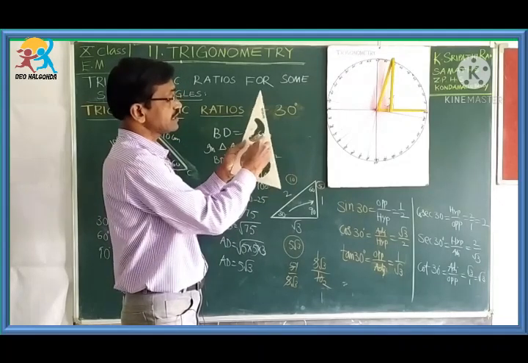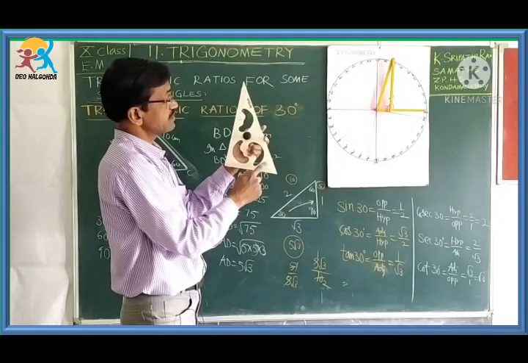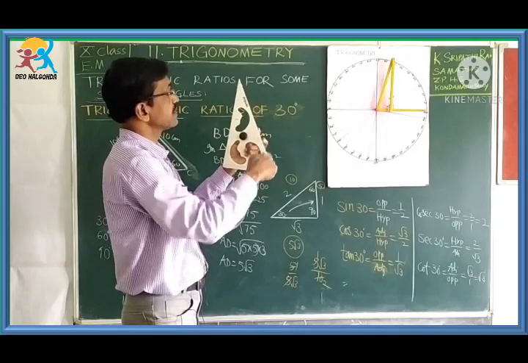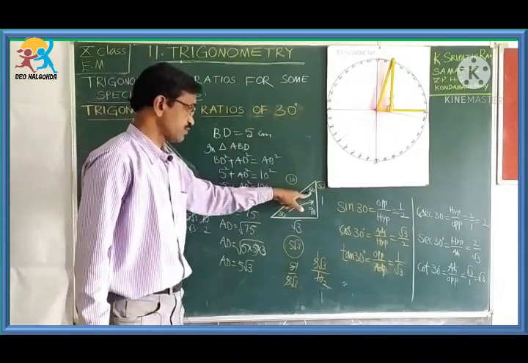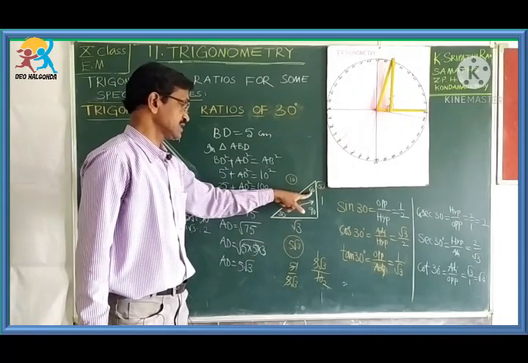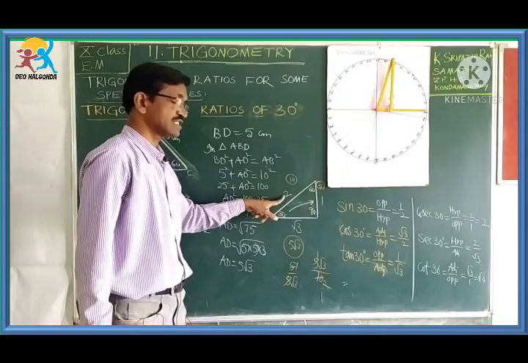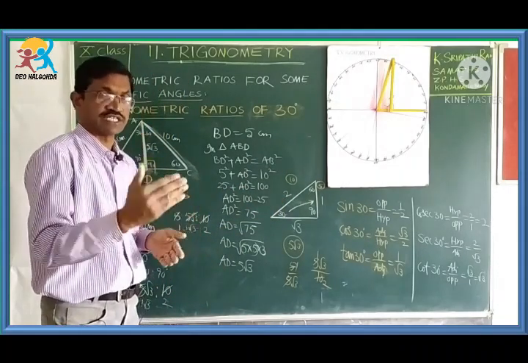If you take 60 degrees, the opposite side is root 3, the adjacent side is 1, and the hypotenuse is 2. Let us find the trigonometric ratios for 60 degrees.